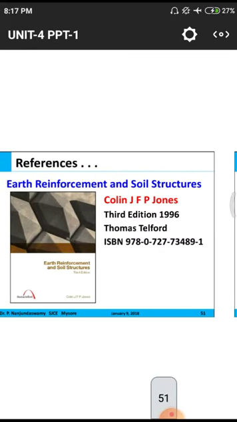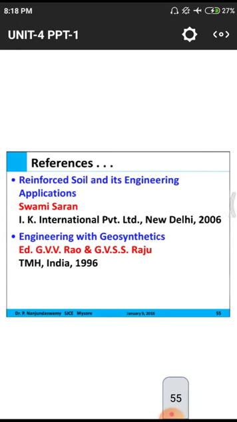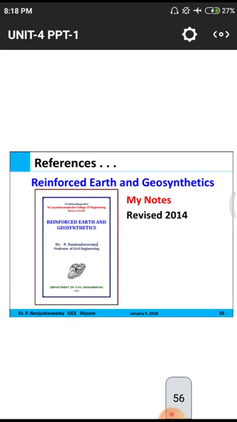And this is the third reference book we have to observe, Earth Reinforcement and Soil Structures, published in 1996. This is the ISBN number and Indian publication numbers. All these are different reference books, and this is an example for reinforcing earth and geosynthetics notes.